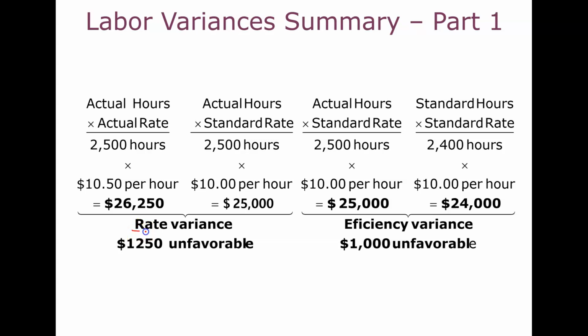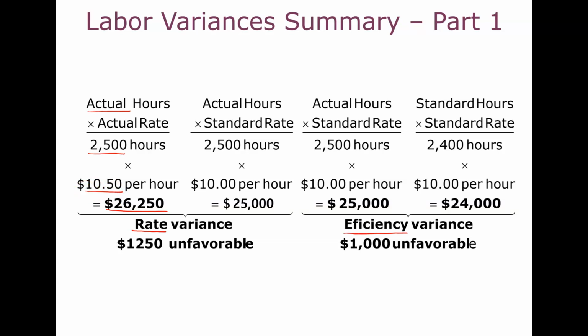We're still looking at the rate variance and the efficiency variance, which is the same thing as the price and the quantity variance. Take the total cost and divide it by your actual hours of 2,500, and that gives you $10.50 per hour.